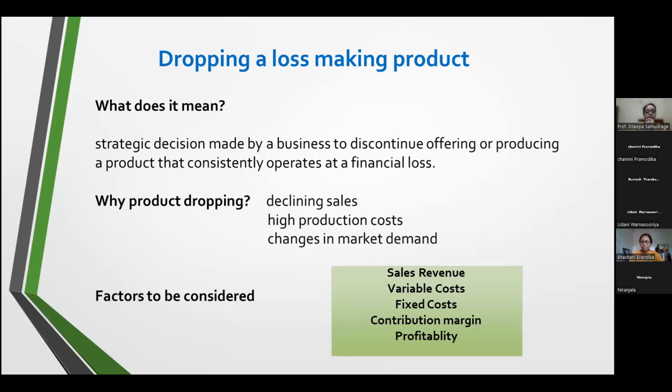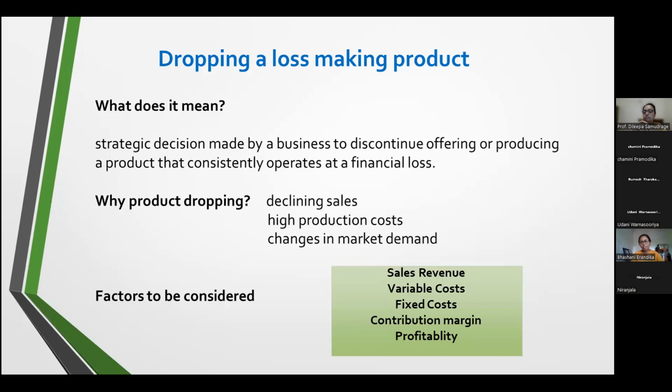Sometimes when a business sees that a product is losing money, their first reaction is to shut it down. So we have to look at it carefully. As an organization, we can identify fixed cost and variable cost as total cost.